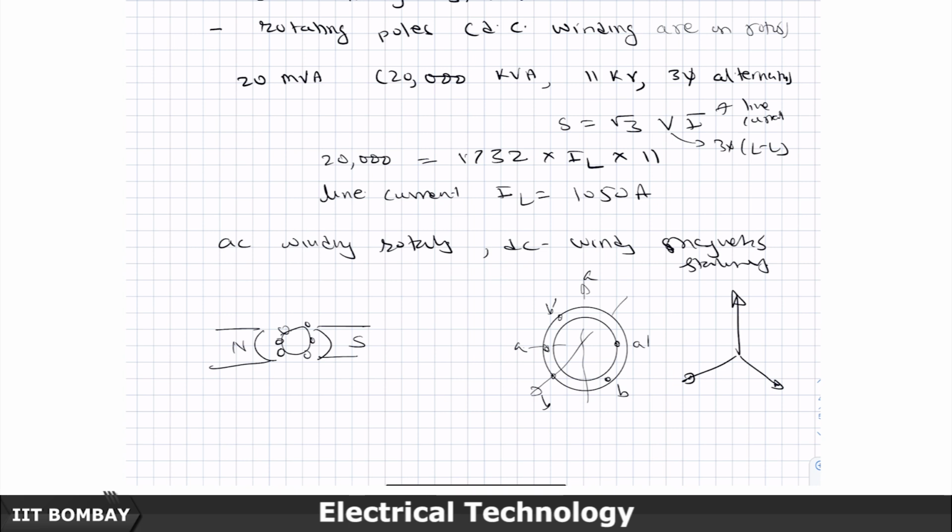So, therefore, another 120 degrees means C and C dash. So, 120 degrees means, this is the B phase conductor, and this is the A phase conductor.